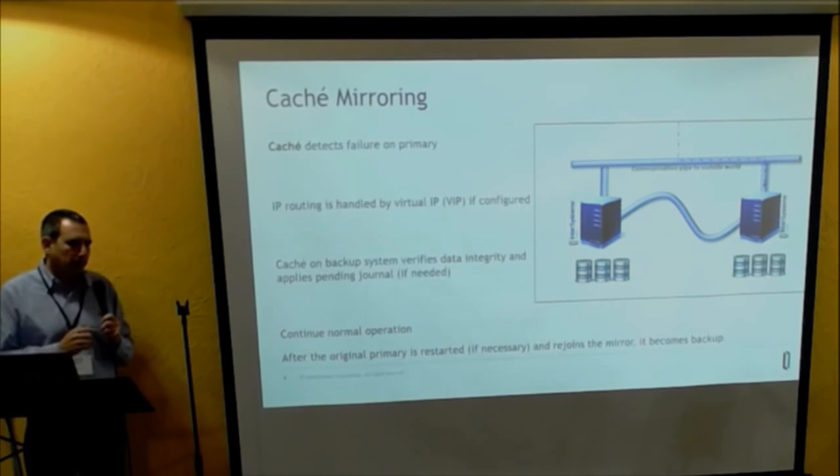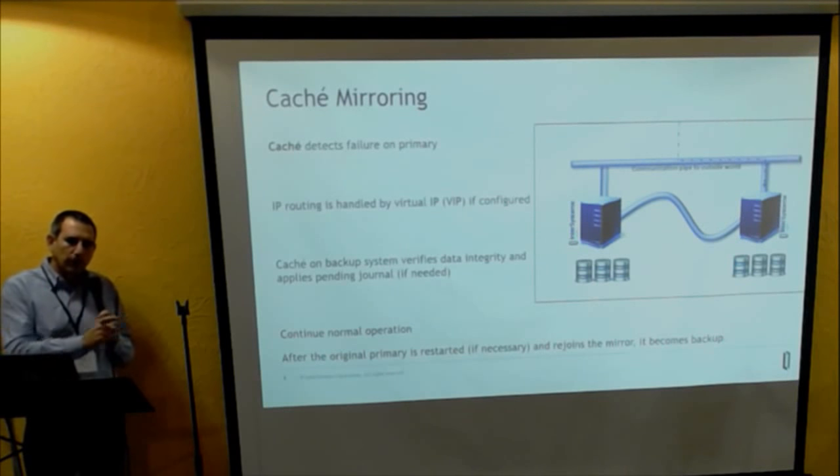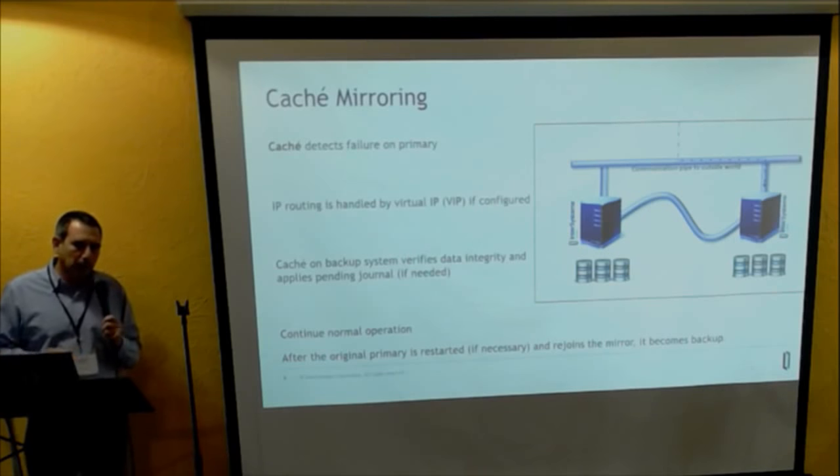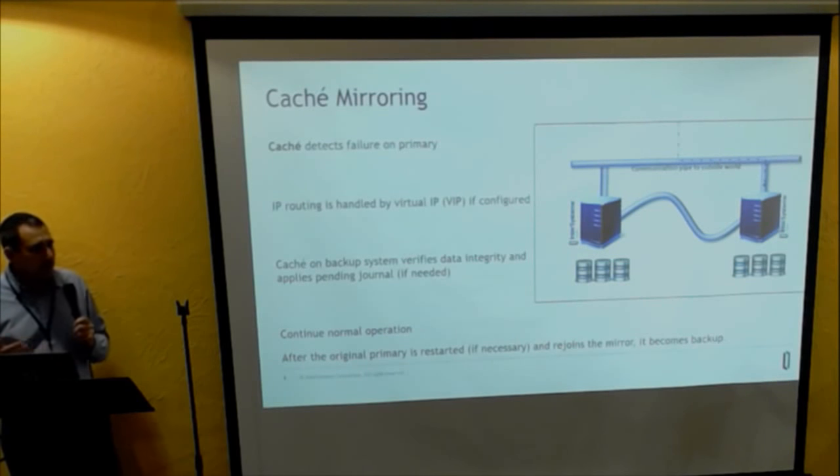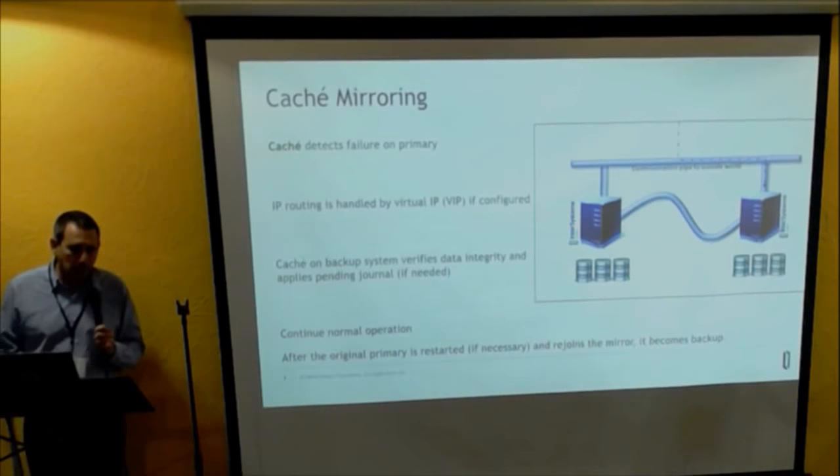Don't make one of them 4 CPU, 32 gigabytes, or 256 gigabytes on one hand, and the backup system only 2 CPUs and 4 gigabytes. It's not going to work, because at some point, and I can probably guarantee it for 90% of you, the failover will happen. And at that point, you want that second server to be able to handle the load, so you're not too stressed out about getting the primary back up and running.